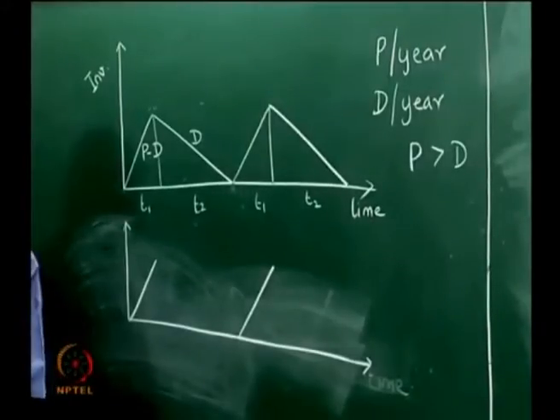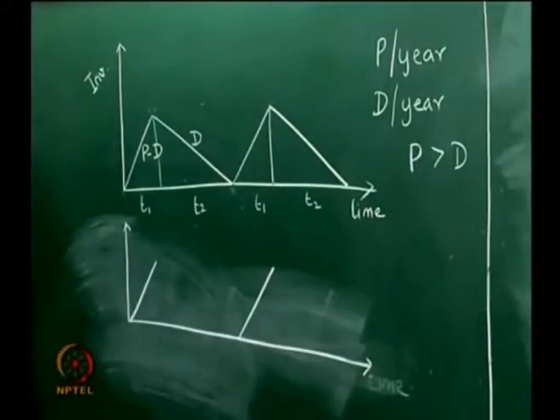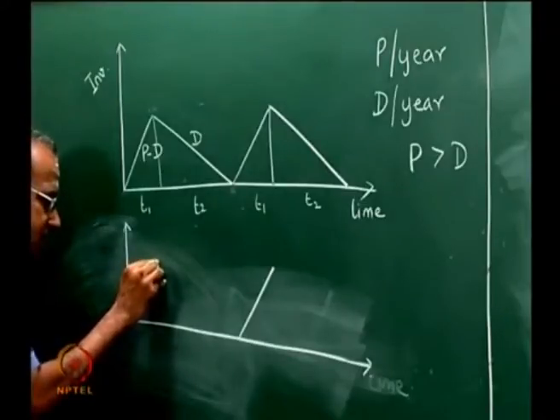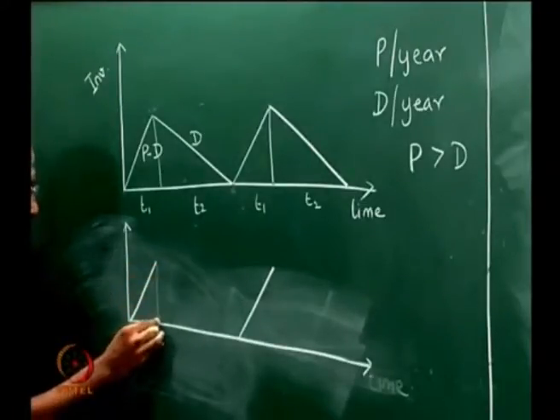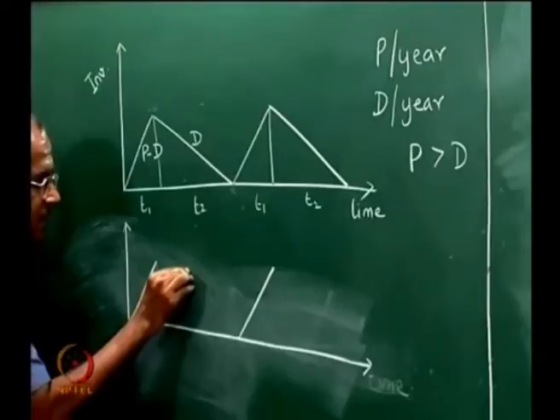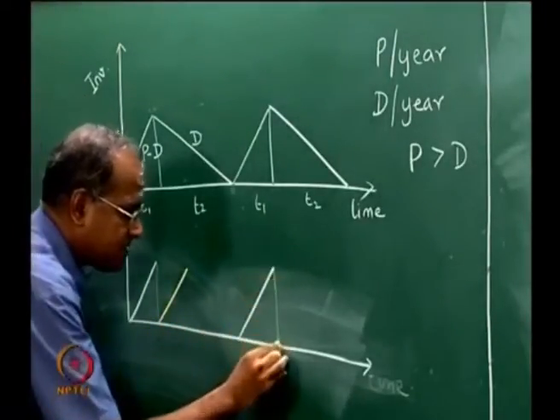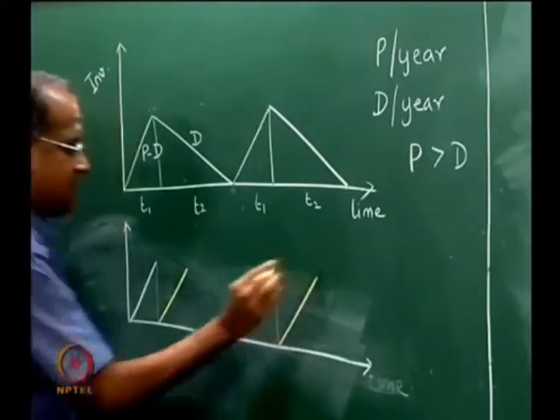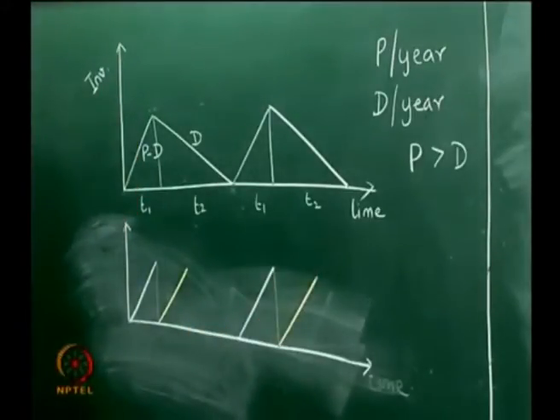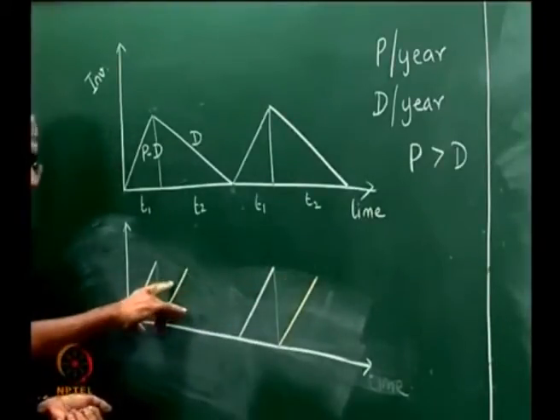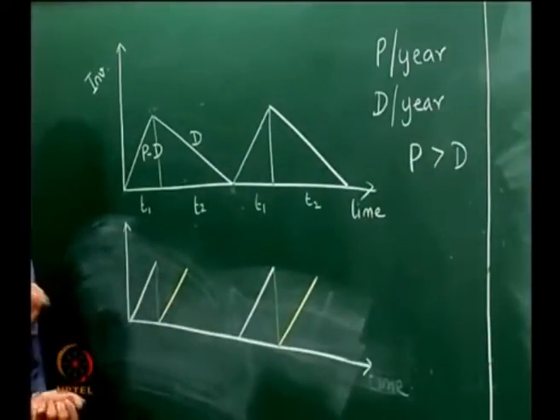So let us assume that it produces a second item, and the second item actually starts from here and the second item's cycle is this. Which also means that the second item's next cycle will be like this. Now if you consider two items, the yellow is the second item, the white is the first item.